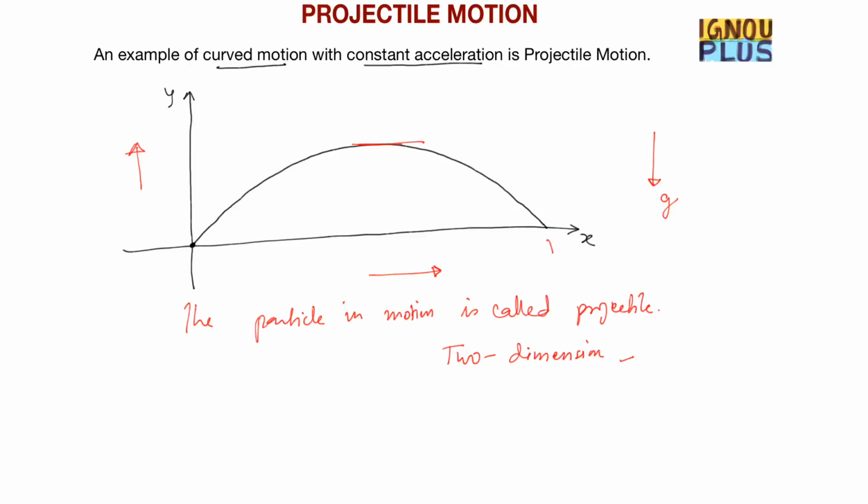Now let us see what happens with that projectile, the object which is projected. At the initial point when it is projected, it has a velocity.